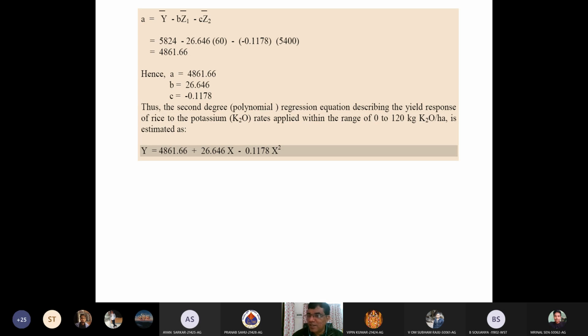Our point was 4878, but the line will pass a little lower, because this is lower, 4861. So the actual data will be above the line, and this predicted data is below that because it is lower.